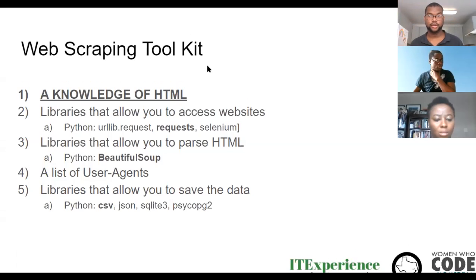So if you're using Google Chrome, for example, when it sends a request to facebook.com, it's going to send a user agent that says this is a Google Chrome browser. But if you're using Firefox, it's going to use a different user agent.